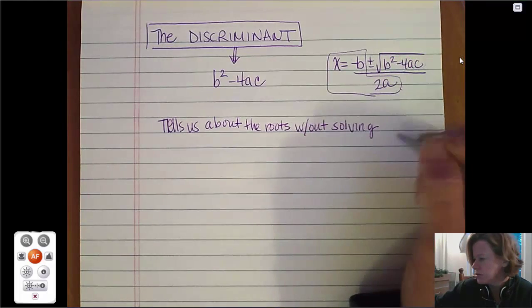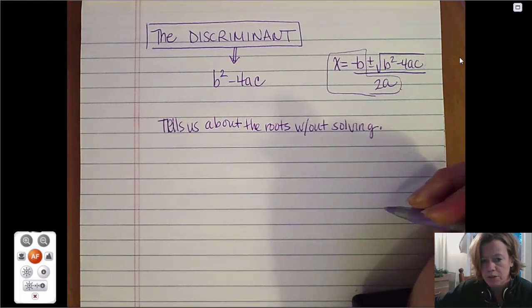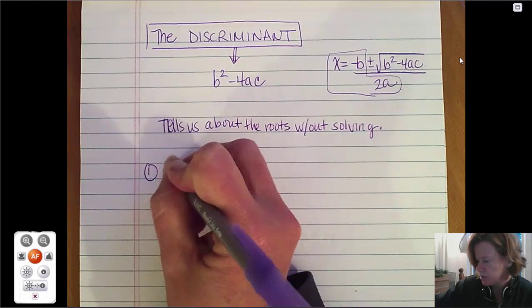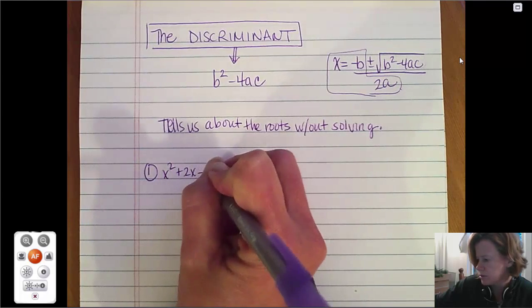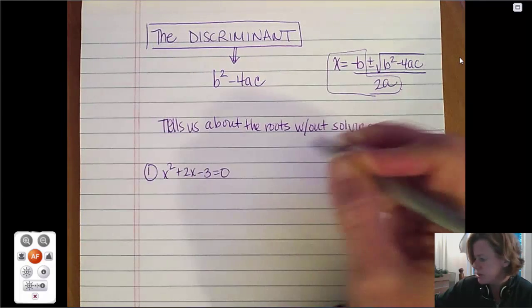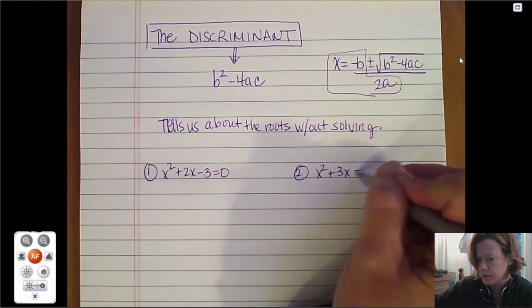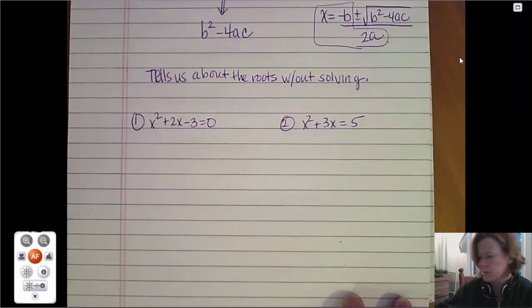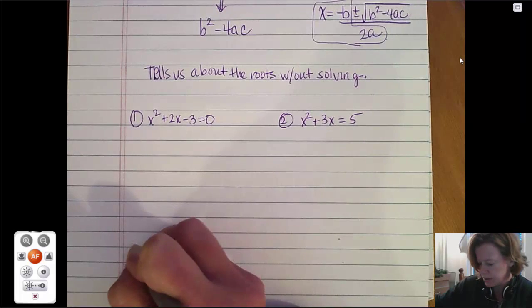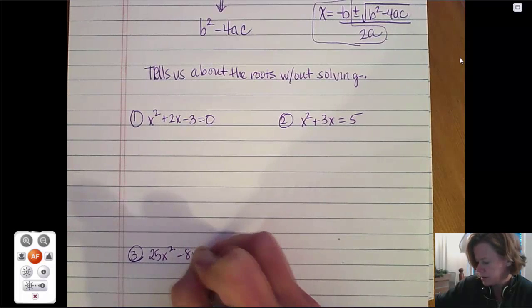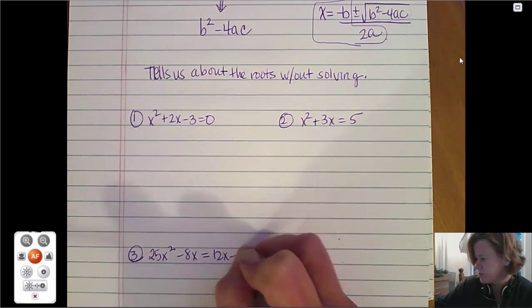So, if we look at the problems we solved yesterday, we solved x squared plus 2x minus 3 equals 0. We solved x squared plus 3x equals 5. We also solved 25x squared minus 8x equals 12x minus 4.